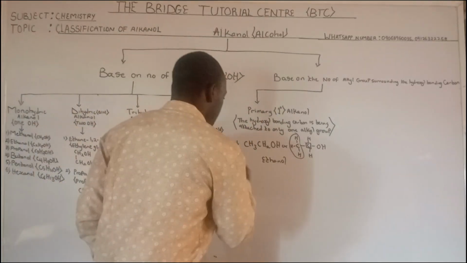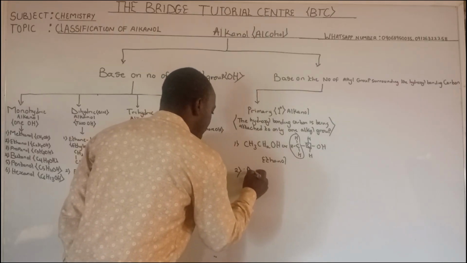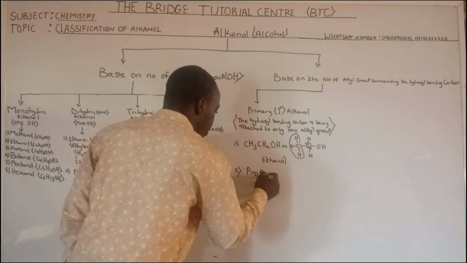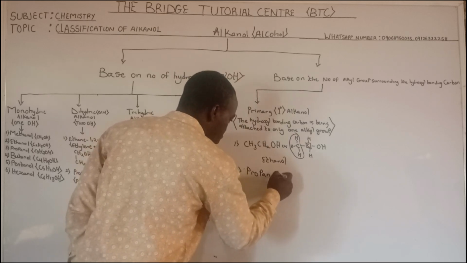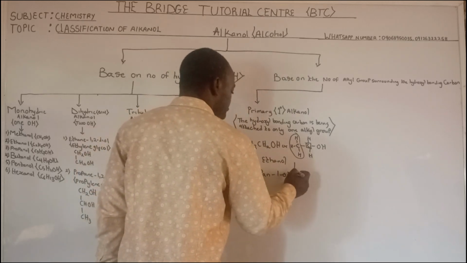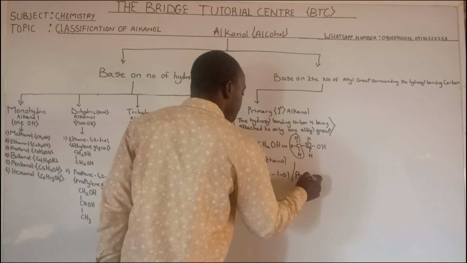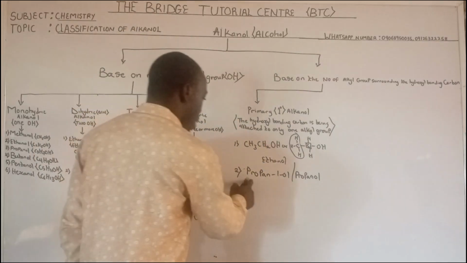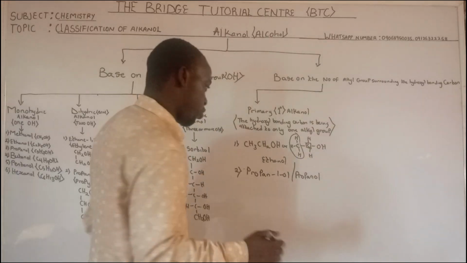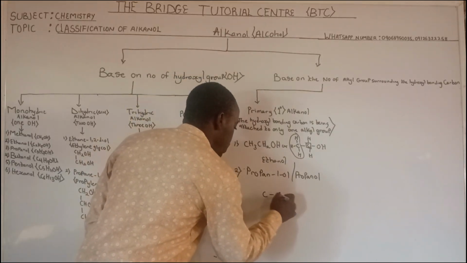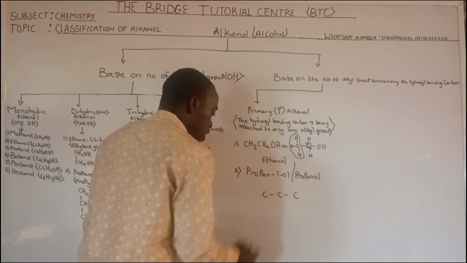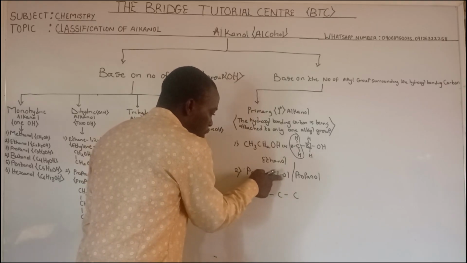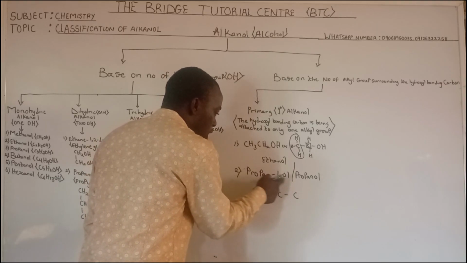So let me use another example. Let's talk about propanol. But I can still rewrite propanol as propan-1-ol, like this, or if you like, you can call it propanol. Anyone is okay. What is the formula of this propanol? Don't forget, we have prop, which is 3 carbons. So we have 1, 2, 3, like this. Now you attach all of them. On carbon number 1, we have 1-ol, that is ol on carbon number 1.